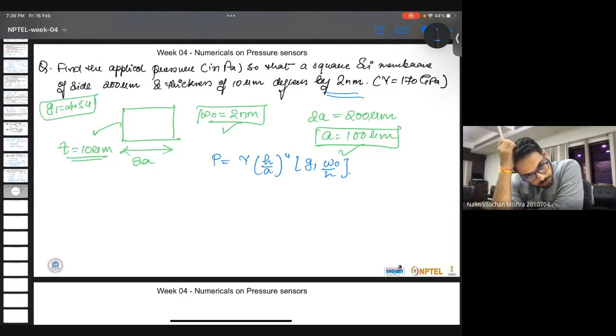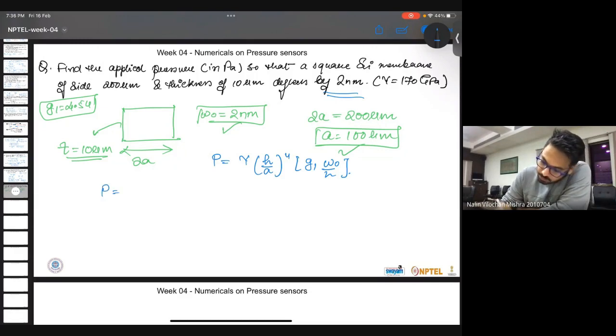Anyone has solved it? Okay, so P. The value of Young's modulus is 170 gigapascal. The value of thickness is 10 micrometer.